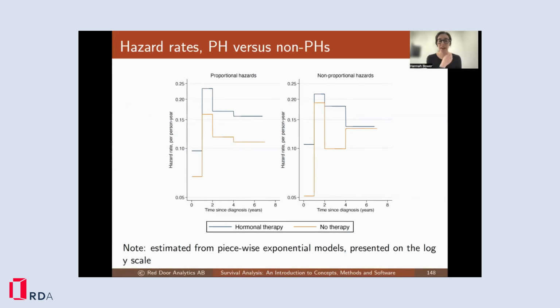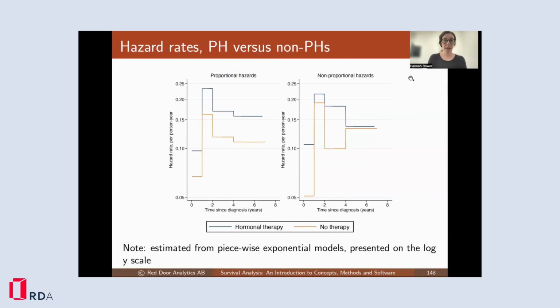So to illustrate this, I have a graph here which shows you on the left-hand side proportional hazards versus non-proportional hazards. And we present this on the log scale. The Y scale is the hazard rate, but it's on the log scale so that you can see clearly the differences, because we see a constant difference in the hazard rate on the log scale.